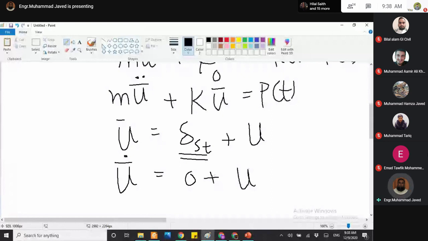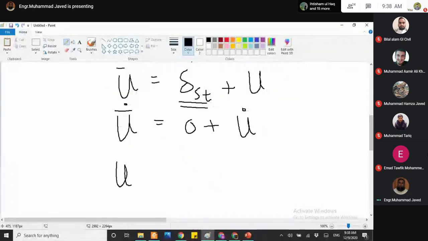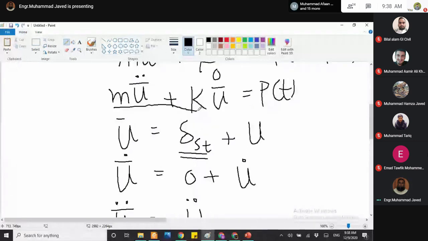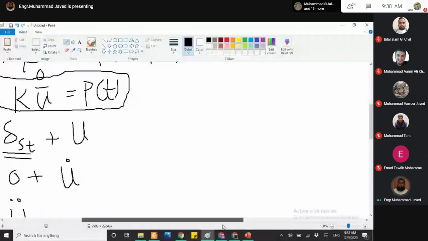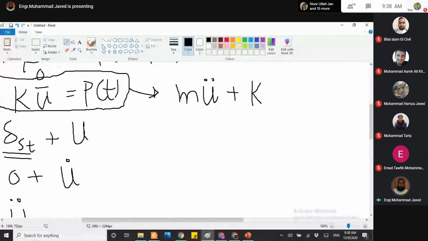If we differentiate it once again, we will get u bar double dot is equal to u double dot. Now insert these values in this equation, and you will get m u double dot plus k into delta st plus u is equal to P of t.